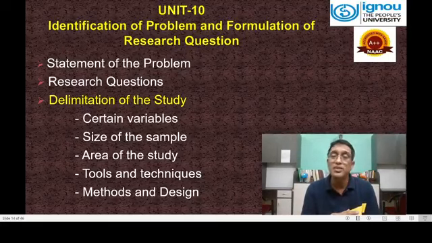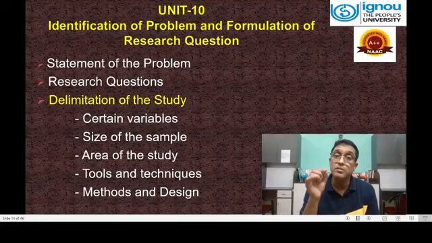And there is no problem: if you have selected the sample using the probability sampling technique, the results that you get, you can generalize upon the population. So that's why delimitation of the study is very much useful for delimiting the area of the study.